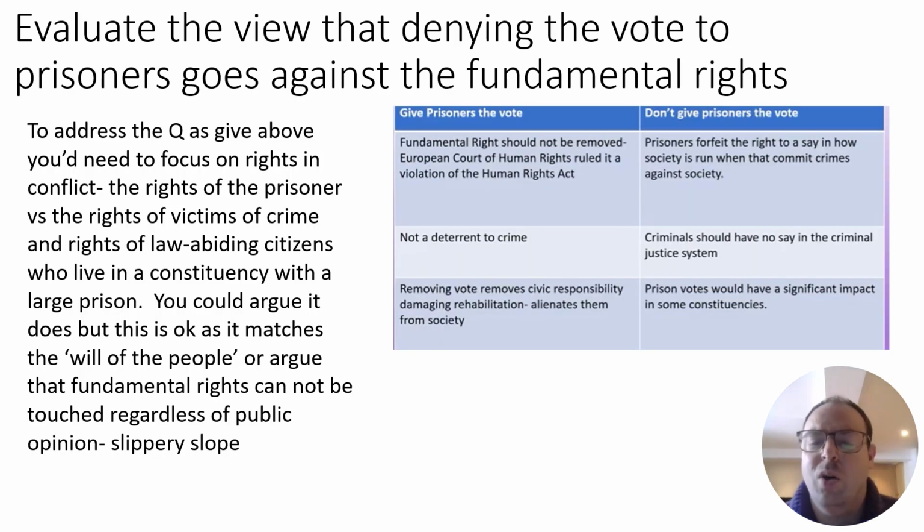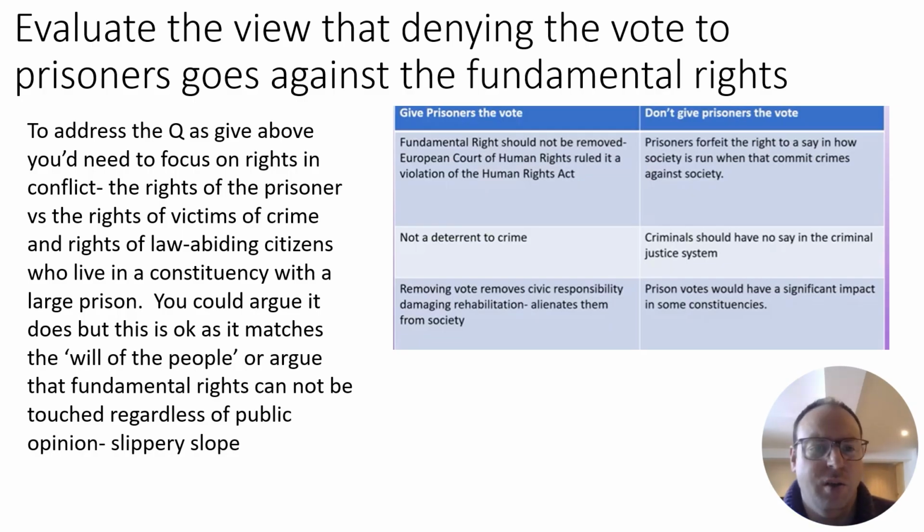So the prisoners one is an interesting one. Again, as I mentioned earlier, you connect it up with rights. So in this, you would be weighing up things like the rights of prisoners versus the rights of their victims, the rights of victims of crime, and, for example, there's a particular bit where you could talk about law-abiding citizens who live in a particular constituency. The constituency has a really large prison in it.